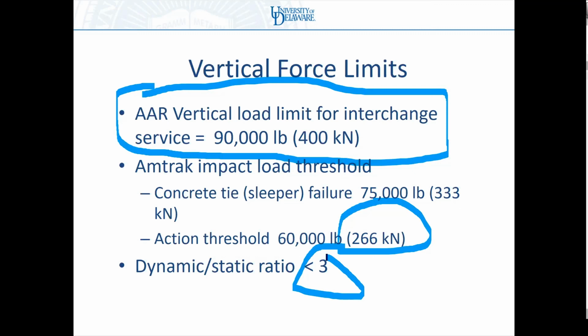So, for example, if my wheel load is 120 kilonewtons, and I see 360 kilonewtons, I will take that wheel out. If my force is 100 kilonewtons, and I see 300 kilonewtons, I'll take that wheel out. If my static force is 75 kilonewtons, and I see 220 kilonewtons, I'll take that wheel out.